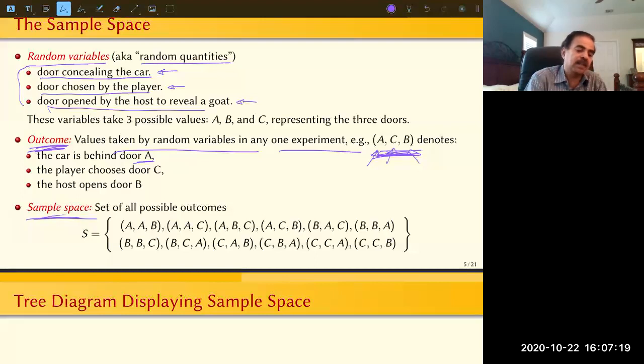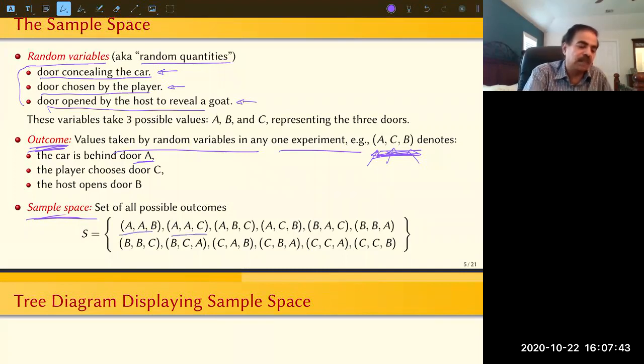And sample space is the set of all possible outcomes. So when we want to talk about probabilities, we are going to think about the space of all possible outcomes and then say, okay, if you're looking for outcomes 1, 2, and 4, then what is the probability based on the total sample space?